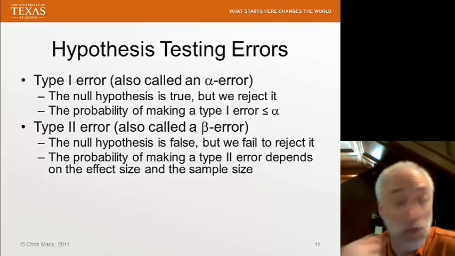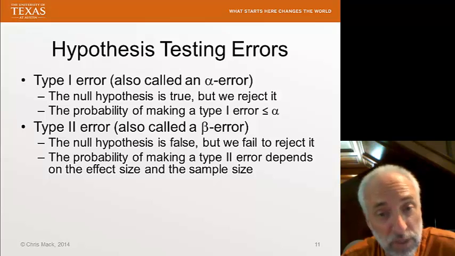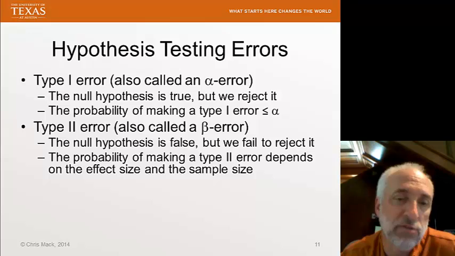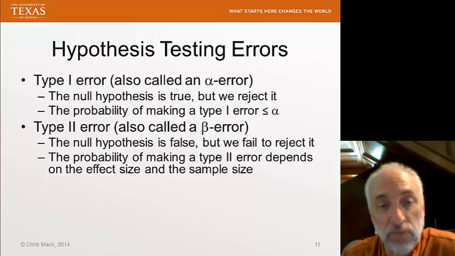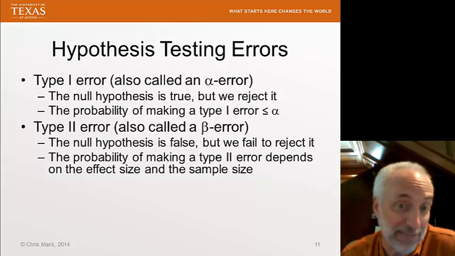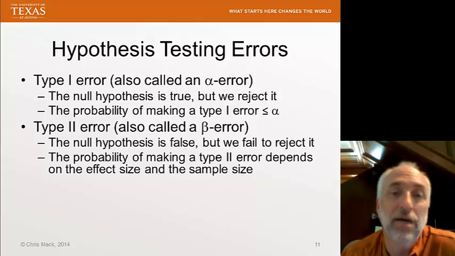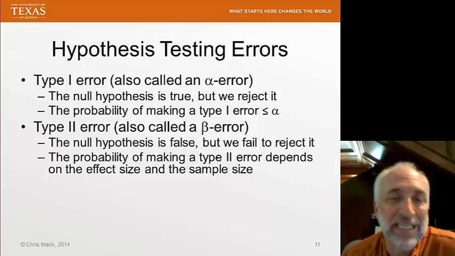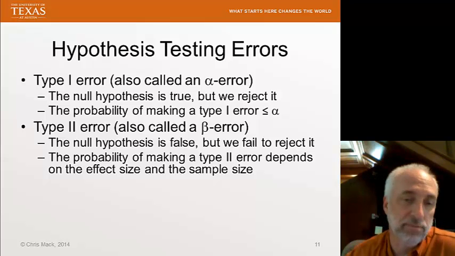In our case, what is the true difference if I actually knew for the entire UT population what the rate of smoking was? How different is that from 0.26? The bigger the effect size, the easier it is to detect it, as you might expect. So the effect size and the sample size determine the probability of making a type 2 error.